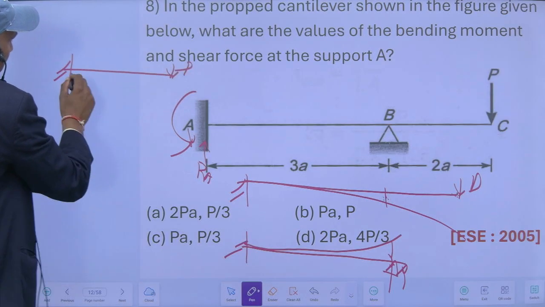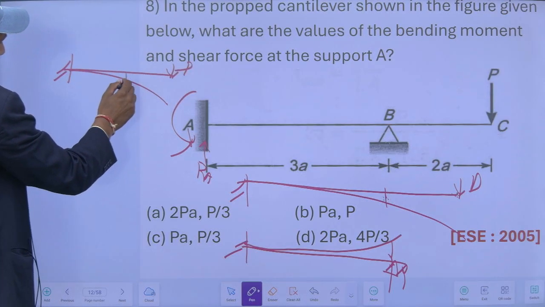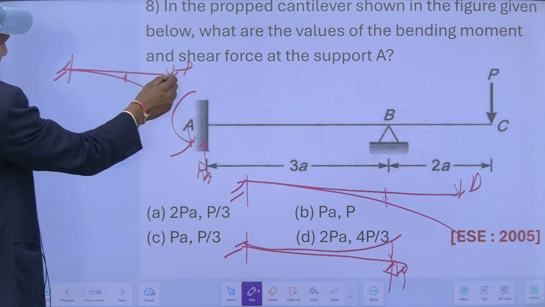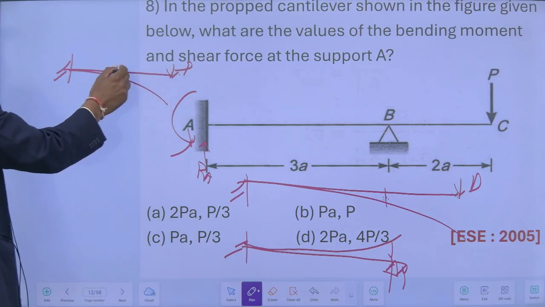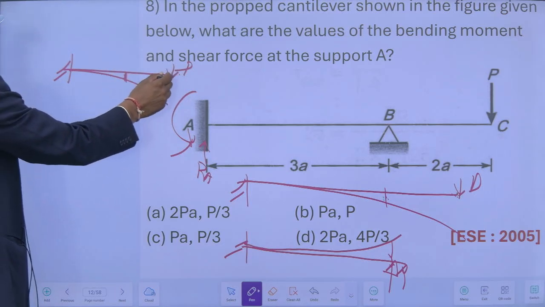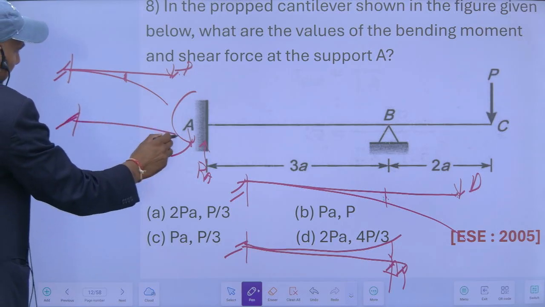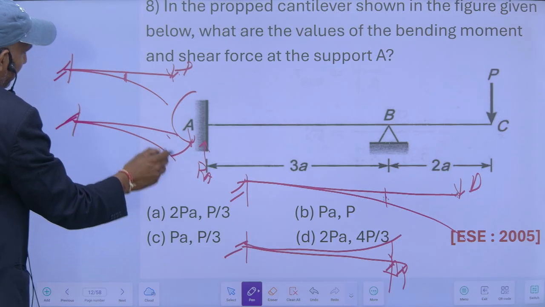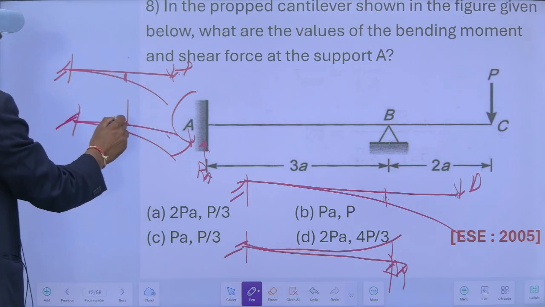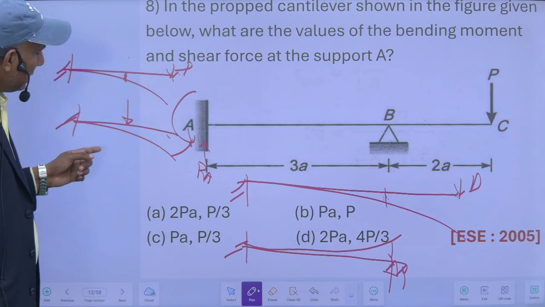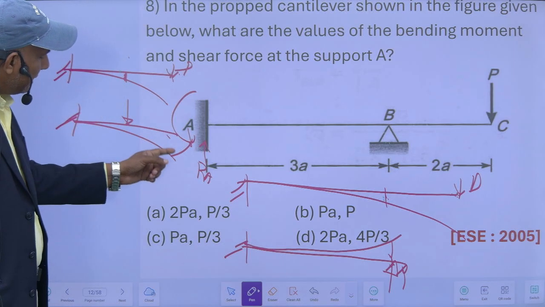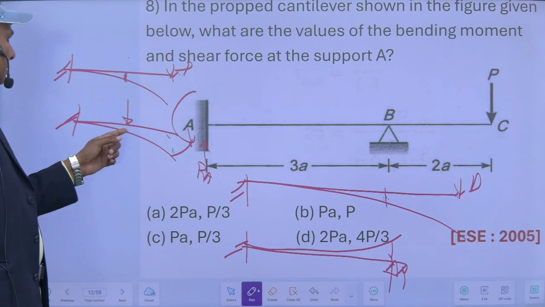This is P. So deflection at this point because of this load is equal to deflection at this point because of the load applied at this. Means if I apply my load at this point, then whatever will be the deflection at this free end, the same will be equal to this one.